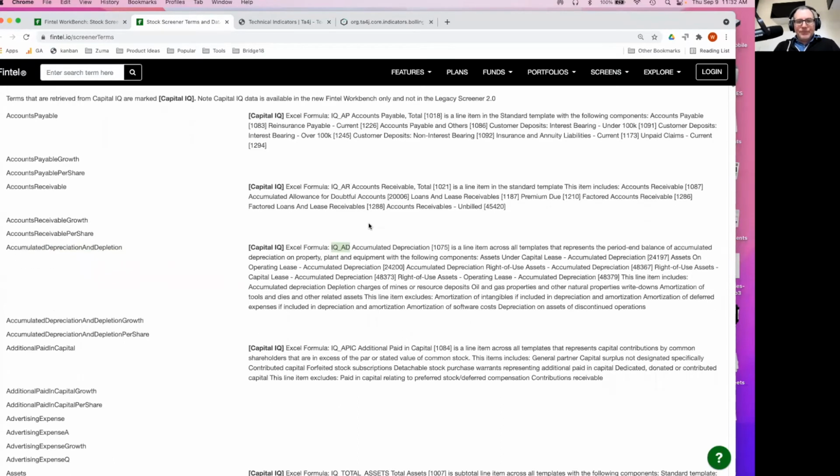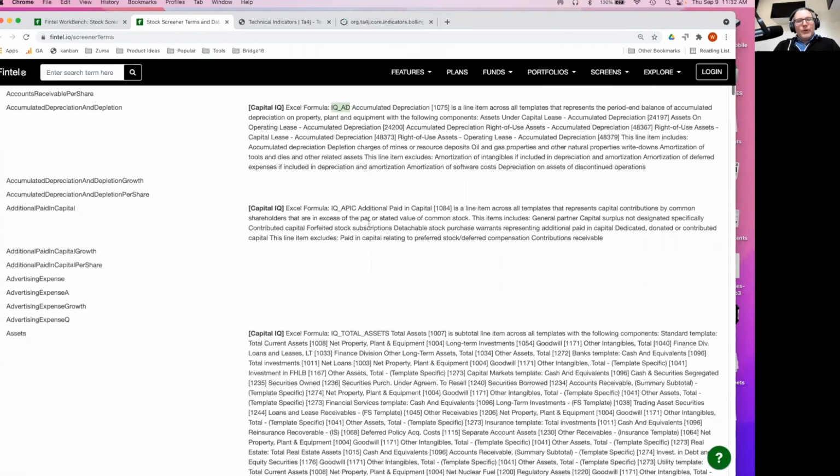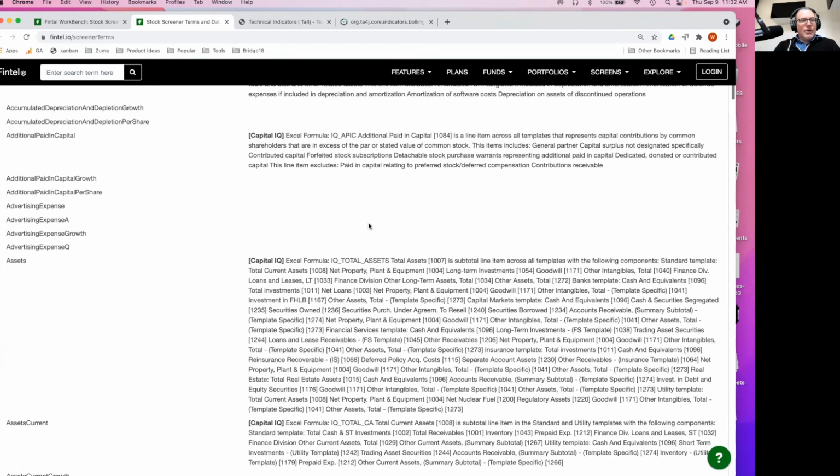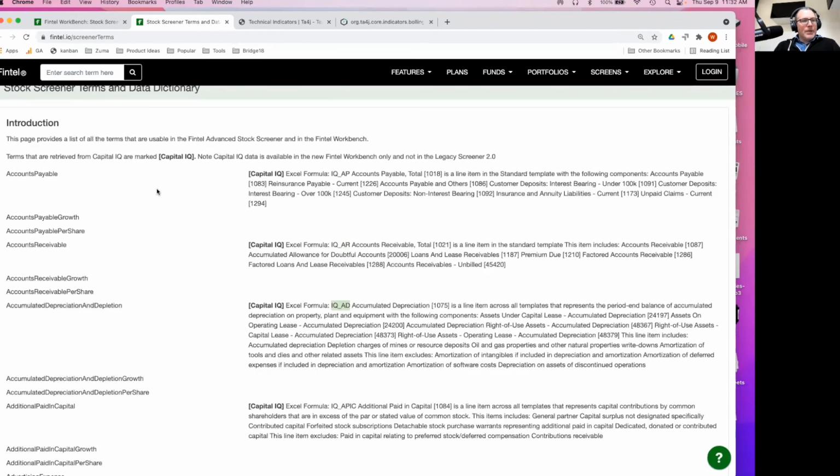If you use their tool, if you're familiar with their data. Some of the stuff: accounts payable growth is just the 1 year growth over accounts payable. If there's a growth term on the end, it's just this term, but the change in 1 year. I don't have descriptions for all of those.